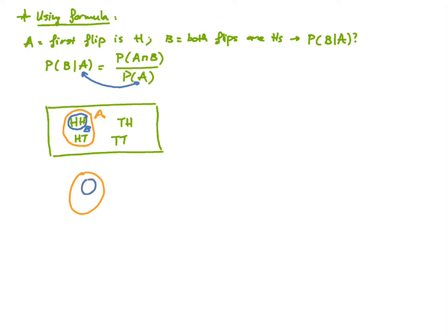So the intersection is the part where both have in common, which means that the intersection is precisely the small circle, right? So in this case, the intersection of A and B has one sample point.